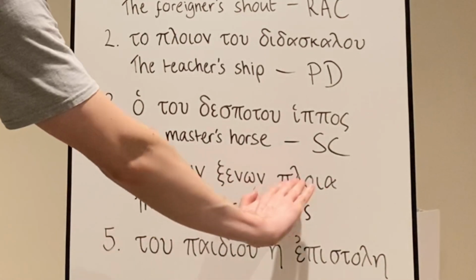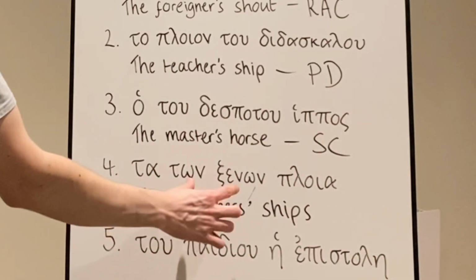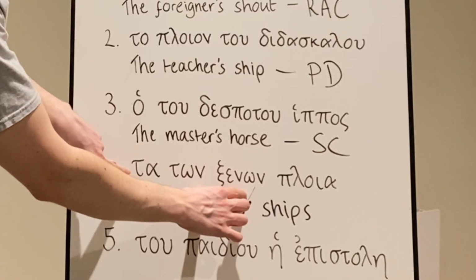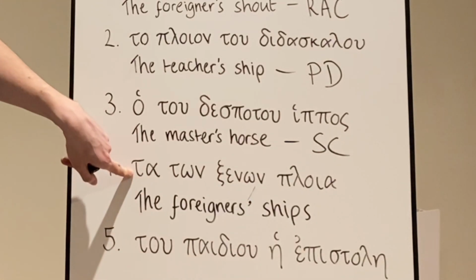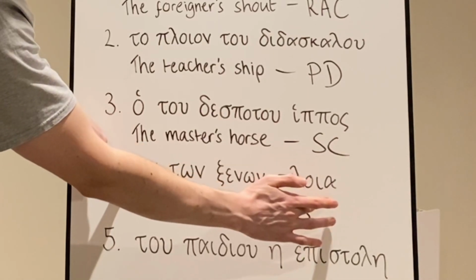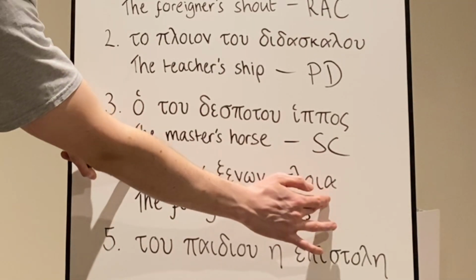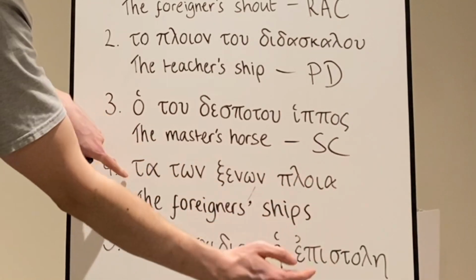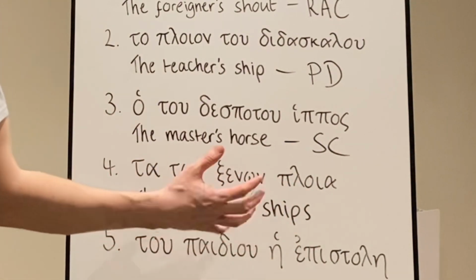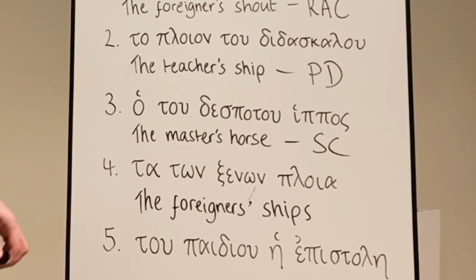We haven't got any repeated definite articles, and therefore it's a genitive sandwich. So this phrase is genitive, and we know that ta is nominative, and therefore the nominative noun must be here. We know that ta is plural, and so we know ploia from ploion is also plural. And so this means the ships of the foreigners, literally, but in more natural English, the foreigners' ships.